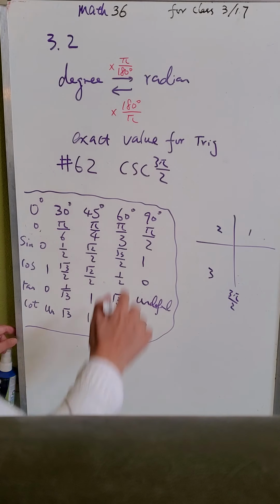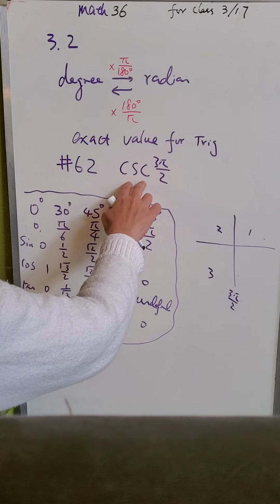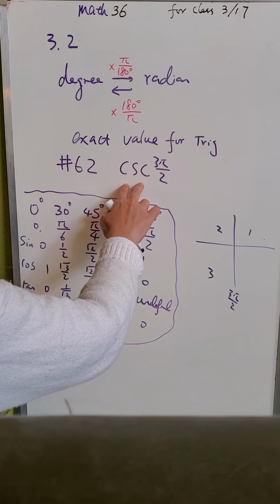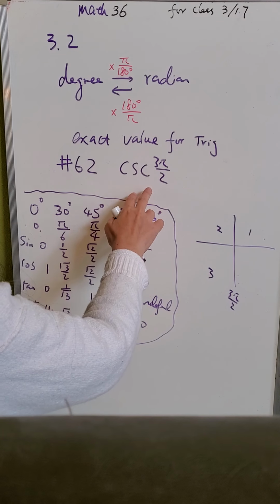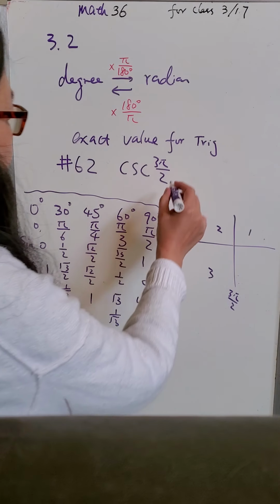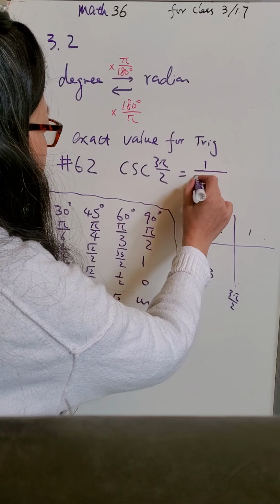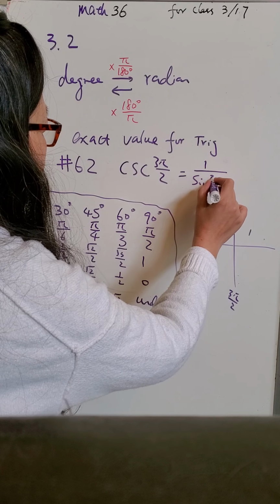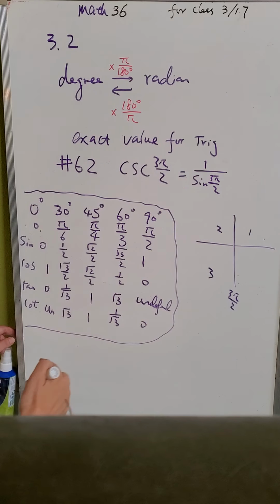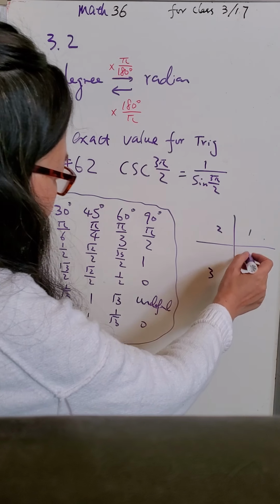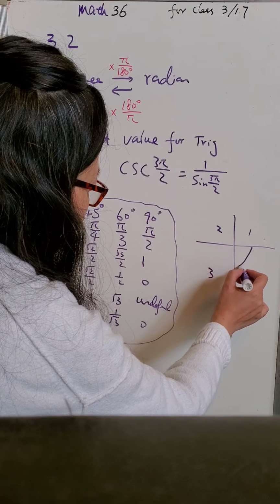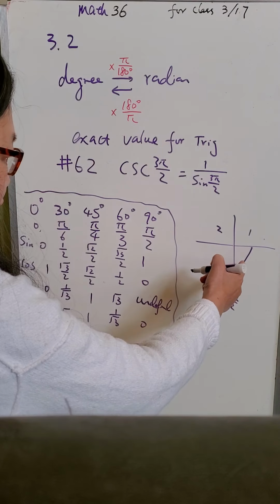We know cosecant is the reciprocal of sine, so you look for sine of 3 pi over 2 first and then flip it. This is the same as 1 over sine of 3 pi over 2. The part you don't take becomes the reference angle.